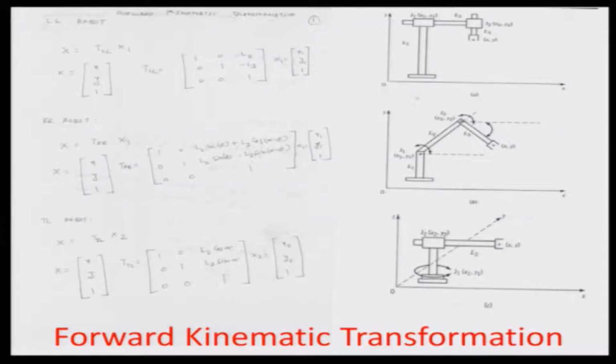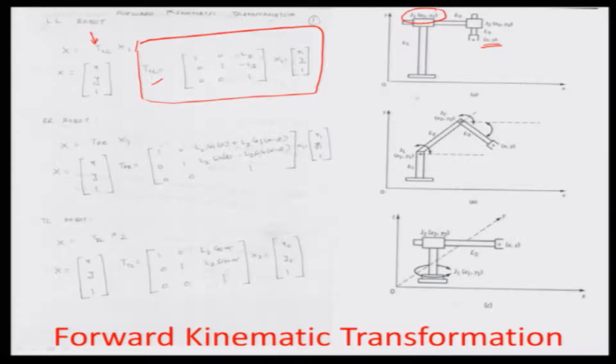In a nutshell, this slide mentions how the forward transformations would happen. If x1 and y1 are the global coordinates, the position vector of joint J1, the first joint, then the end effector position vector x is the transformation matrix T-linear times x1.